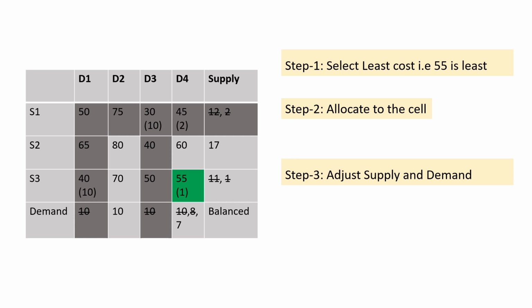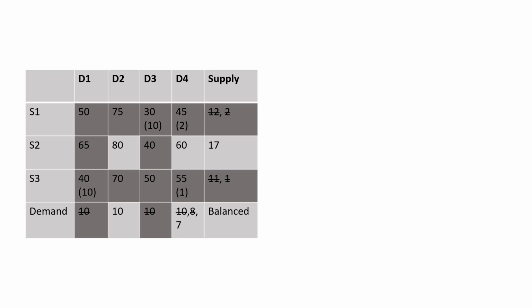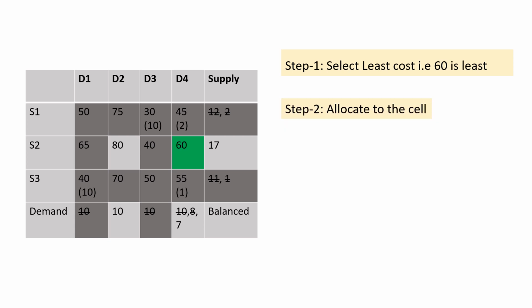This row has 0 supply, so we shed this row. Now we remain with 2 cells, 80 and 60. From this, the smallest is 60. So we allocate for 60. The corresponding numbers are 7 and 17, so we allocate 7 here.